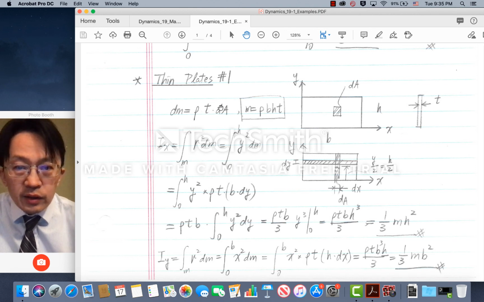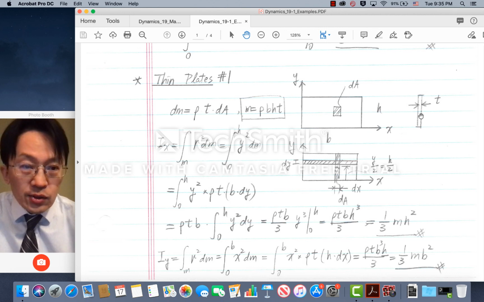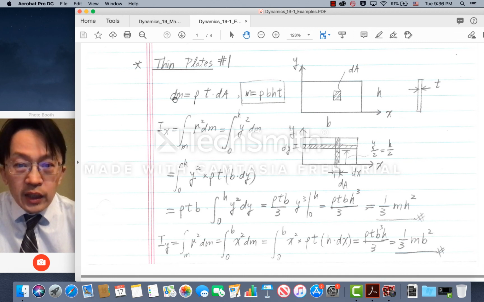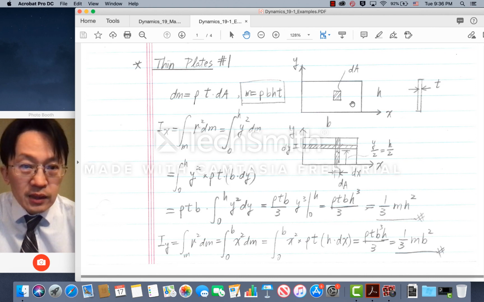Here, the unit volume is determined by the unit area, called dA, times the thickness, and that will give us volume. So dm can be written as rho, which is density, times the thickness, which is constant t, times dA. And dA is nothing but the unit area on the surface of the thin plate.